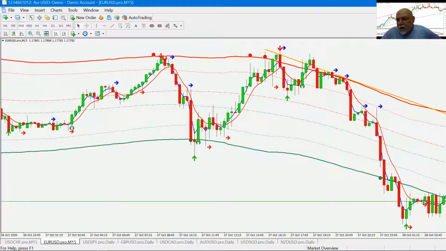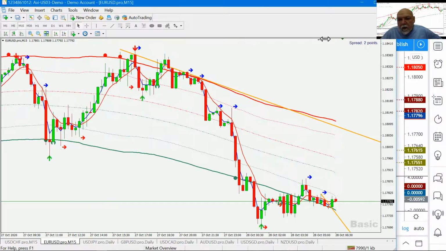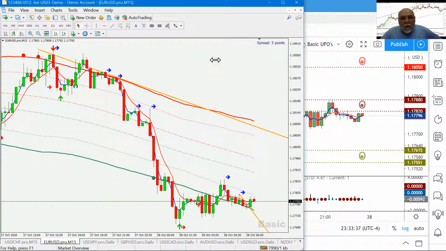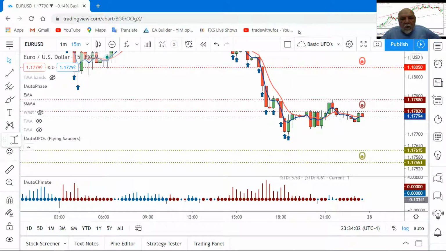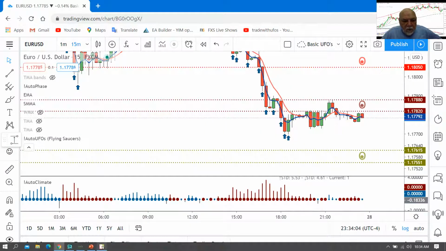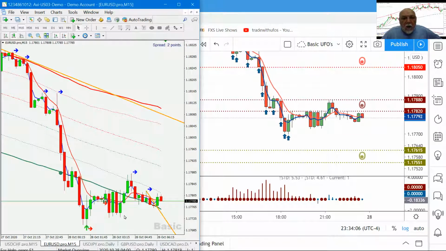Let's see what happened here. All right. So here we can see the two different setups. Price wanting to continue to come down strong on the 15.